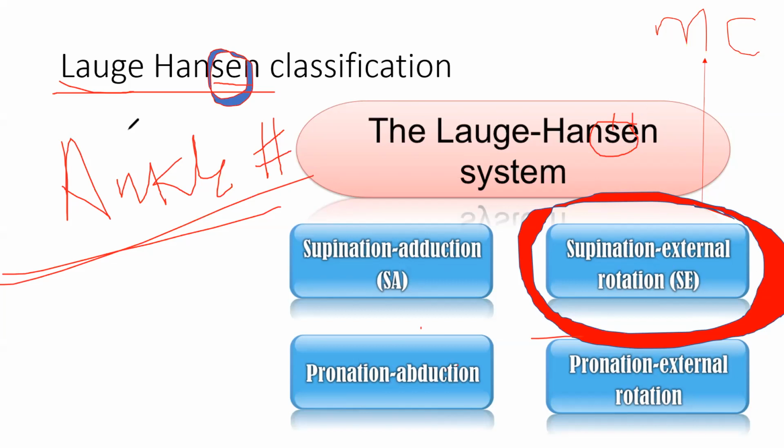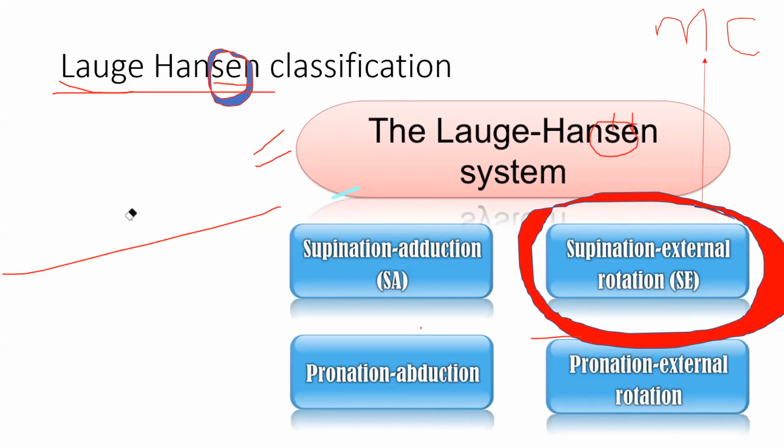They will never ask you more than this. So you just remember two things: Lauge-Hansen classification, and supination external rotation is the most common.